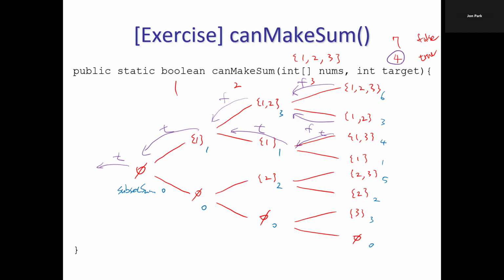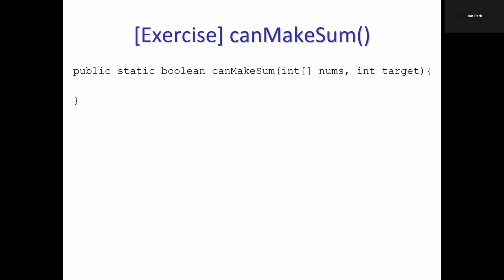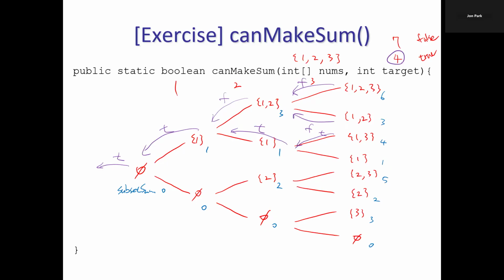Start with the index. The second one, correct. Nums, target, and index. I see. Good. But we'll have one more. We'll have subset sum. Okay, so we have two additional parameters.